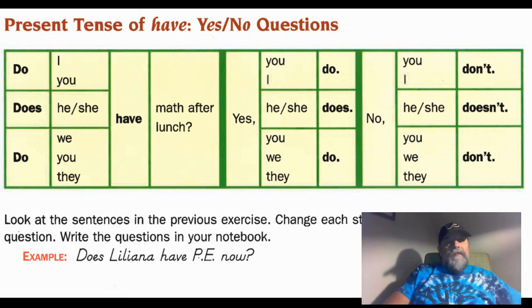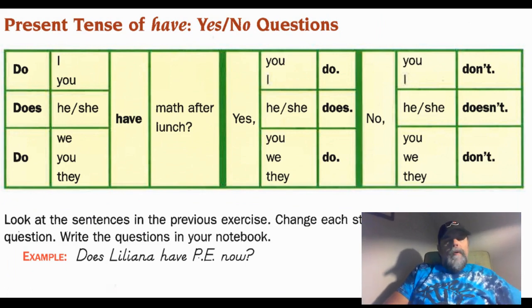Does he have math after lunch? Again, you're changing the do to a does for he and she, but the have does not change. Does she have math after lunch? Do we have math after lunch? Do you have math after lunch? And do they have math after lunch?